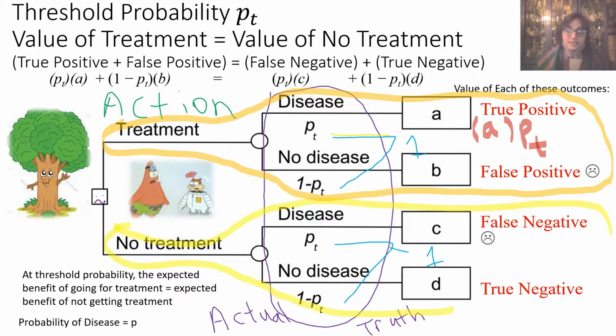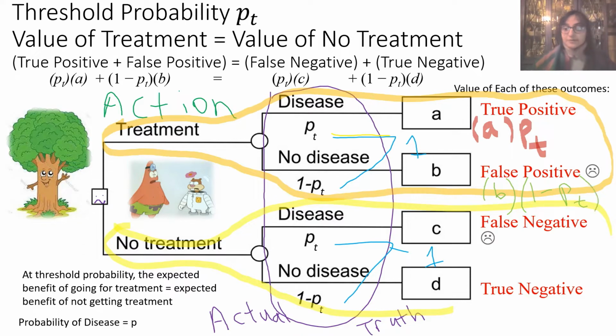What you then see is the value of an outcome. You multiply along the branches. So this is the threshold probability, PT. You multiply it by the value of this outcome, and you get a weighted value, which is A times PT. For no disease, you're going to multiply it out, so that value is going to be B multiplied by 1 minus PT.